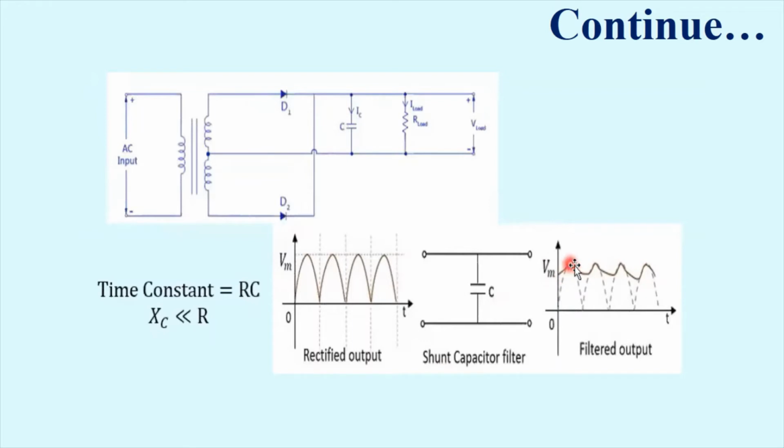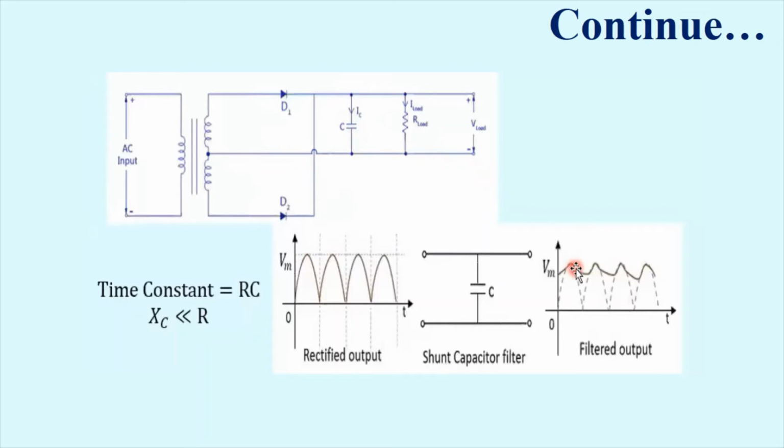The output will increase until it reaches Vm, meaning the capacitor input voltage equals the voltage across the capacitor. Then we have positive at this plate of the capacitor, and after this the capacitor voltage will be greater than the input side voltage. As Vm is less than the capacitor voltage, the capacitor will discharge.